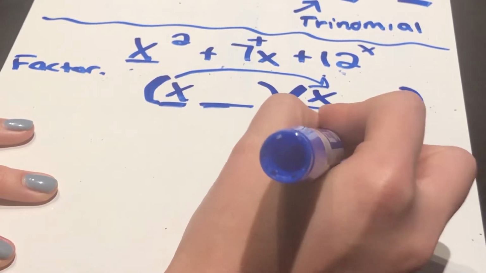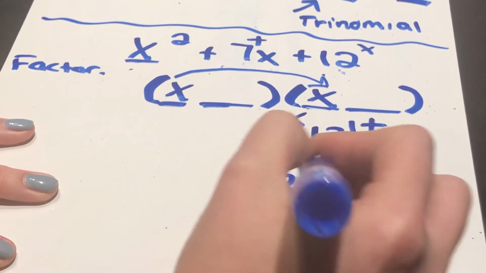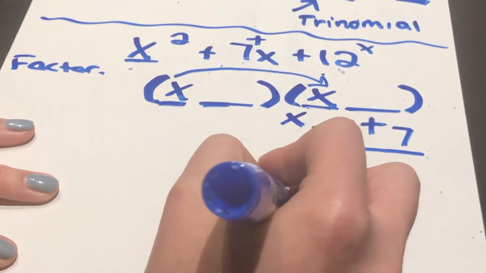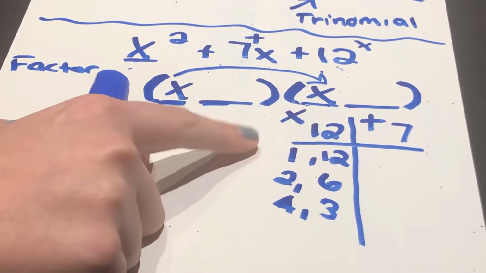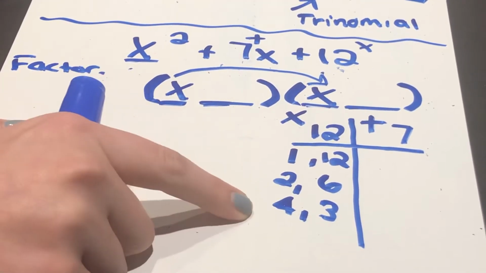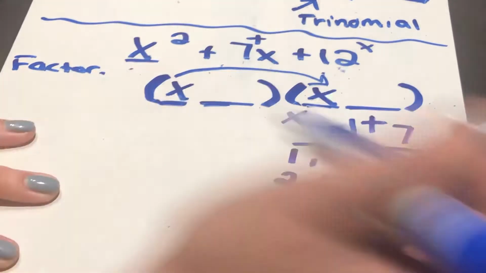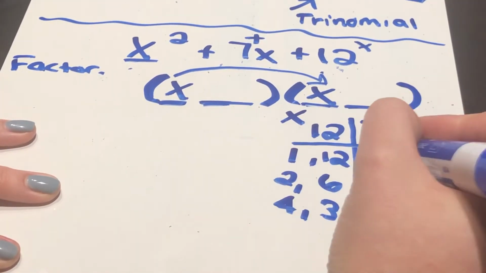Well, 1 times 12 is 12. 2 times 6 is 12. 4 times 3 is 12. So these are all the ways you can get 12. Which one of these, if you add them together, will give you 7? 1 plus 12, does that give you 7?